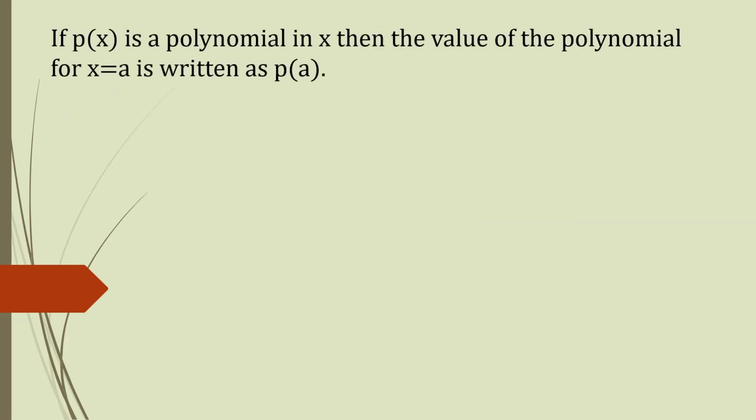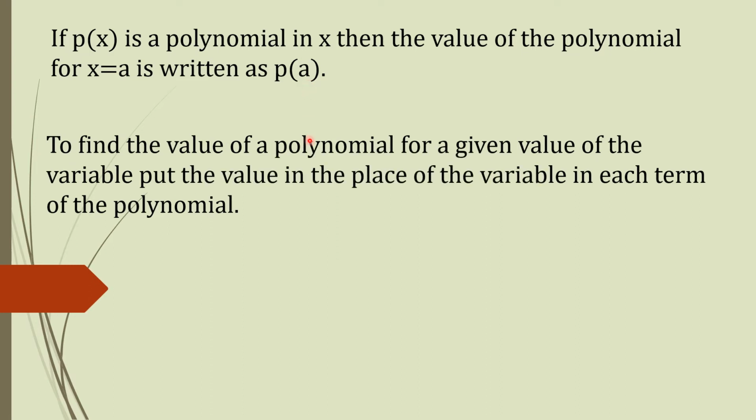Now students, if p of x is a polynomial in x, then the value of the polynomial for x equal to a, meaning the variable x is replaced by a, will be written as p of a.